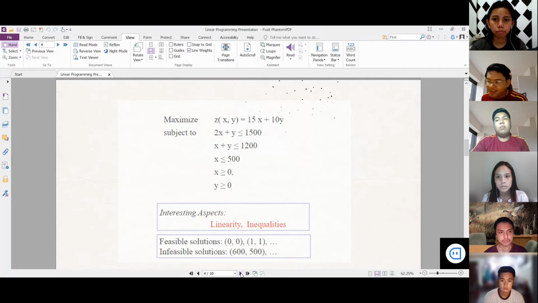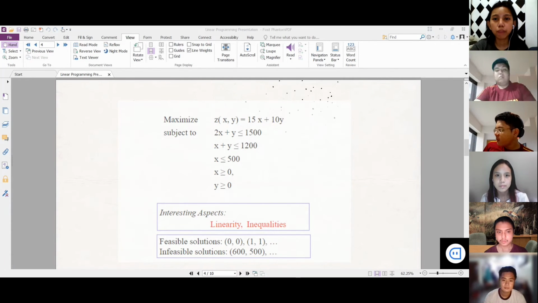Which one will yield the best value for our objective function? Let us arbitrarily try the point x0 and y0. At this point, the value of the objective function z equals 15x plus 10y, which at x0 and y0 equals 0. The objective is to maximize 15x plus 10y.